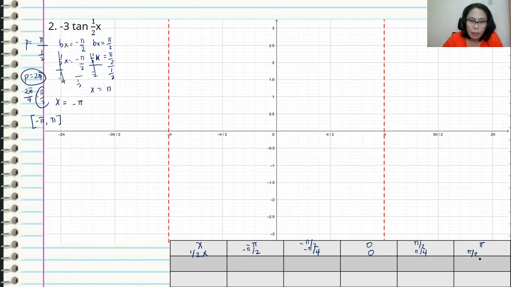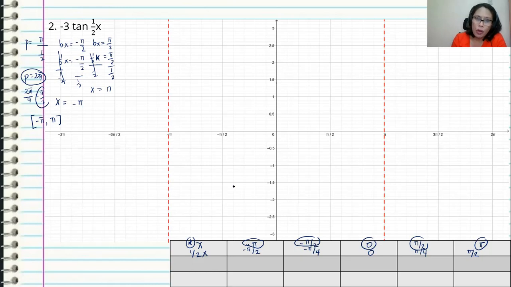And this is from negative pi over 2 to pi over 2. But our x coordinates will be the values of x here. Okay, so we'll consider these values as the x coordinates. Okay, and then we will evaluate these x coordinates and come up with the y coordinates for us to plot the points and connect the points into a curve for us to come up with the graph of y equals negative 3 tangent 1 half x.